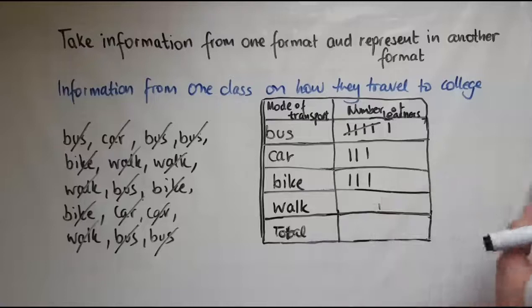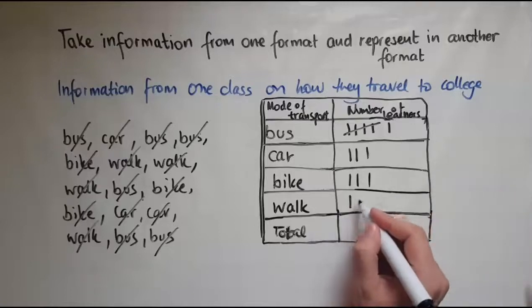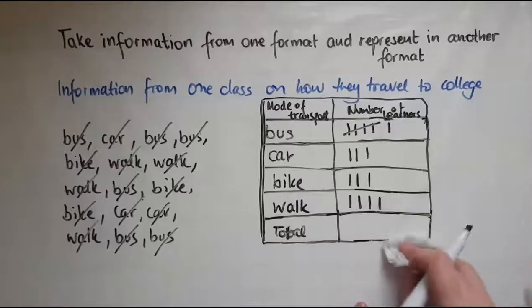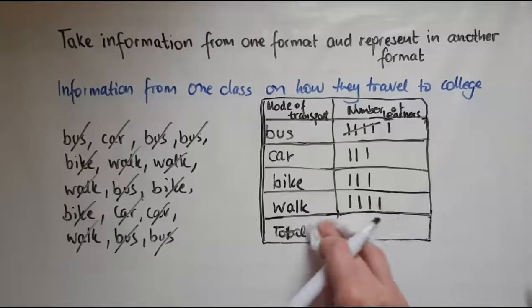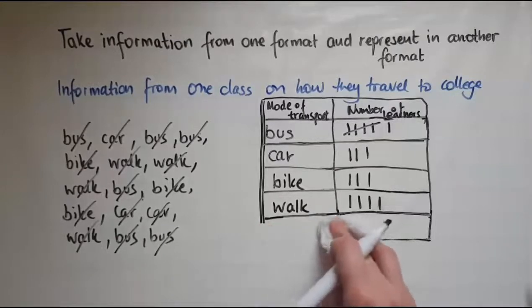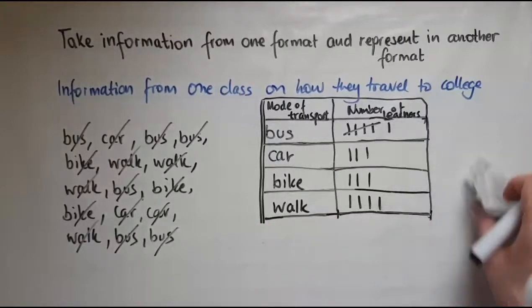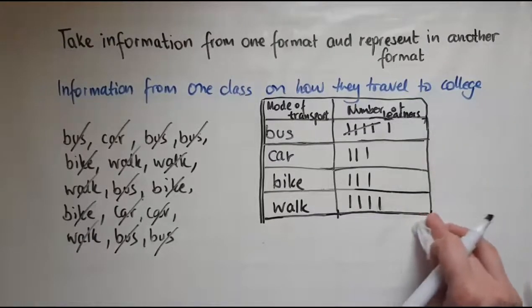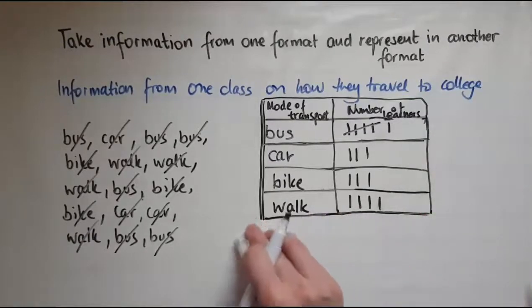Walk, there's 4 of them. 1, 2, 3, 4. We don't normally have a total in a tally chart unless you have an extra column here with the numbers. So I'll leave that out for the time being.